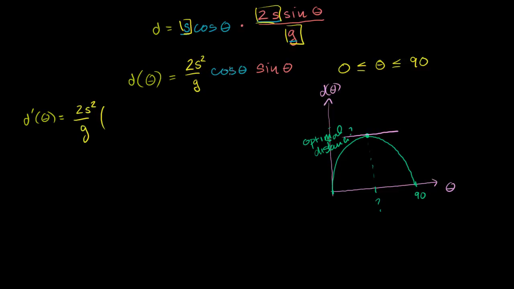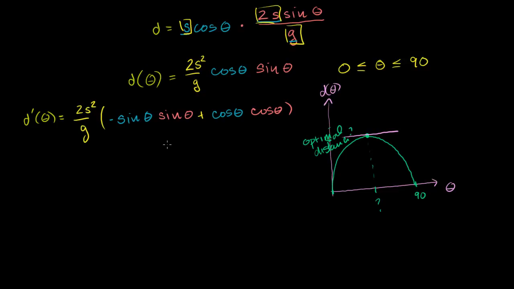So the derivative of cosine of theta is negative sine of theta. And we're going to multiply that times the second function, so that's times sine of theta. And to that, we're going to add the first function, which is cosine of theta, times the derivative of the second function. The derivative of sine theta is cosine of theta.